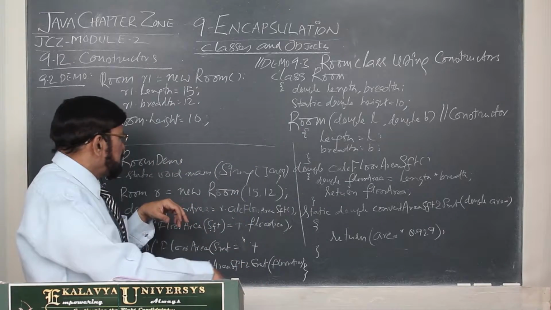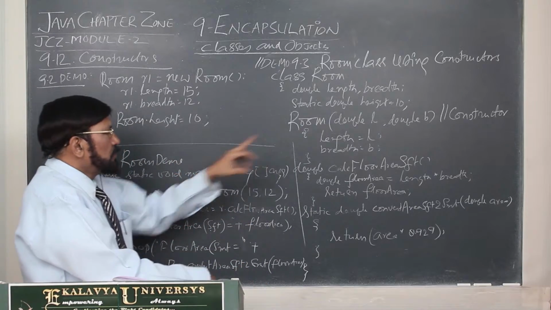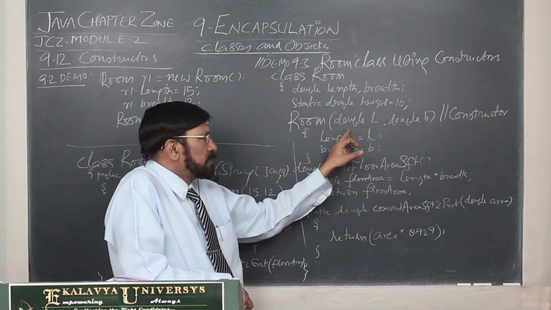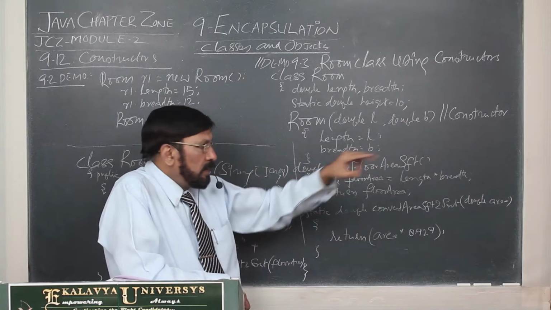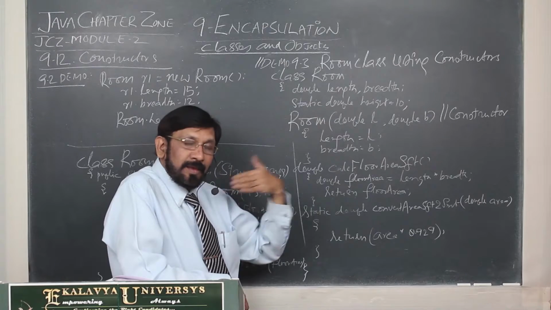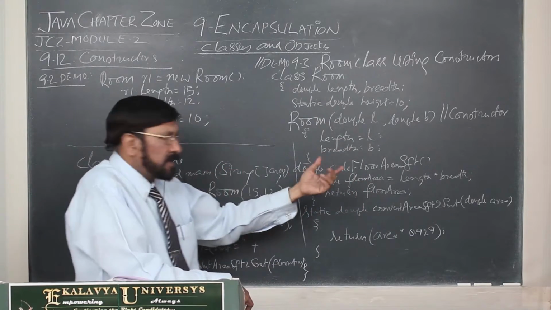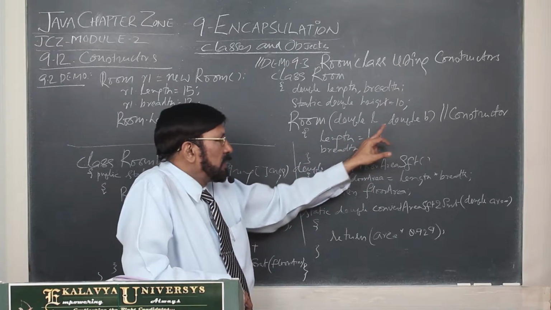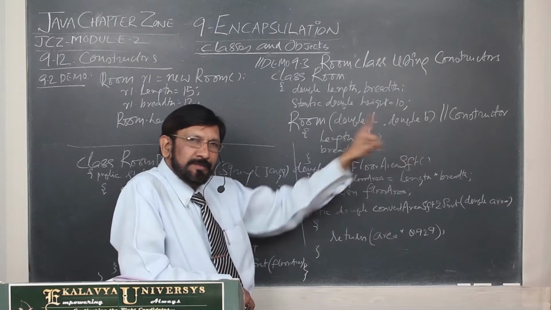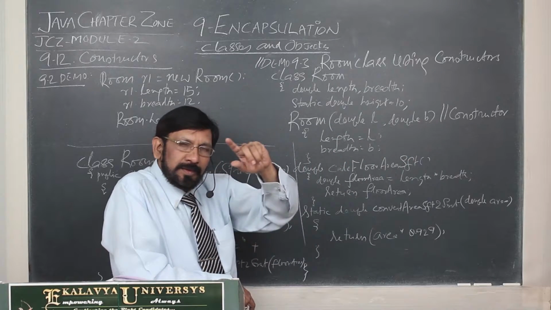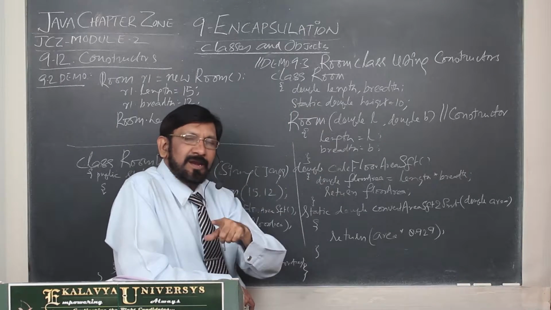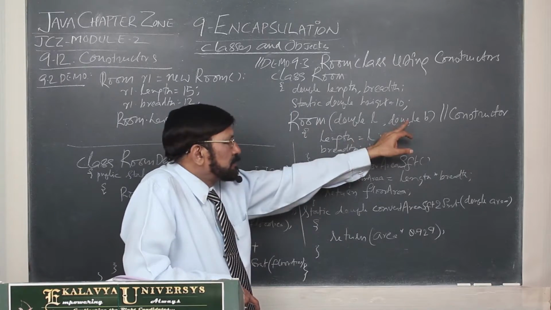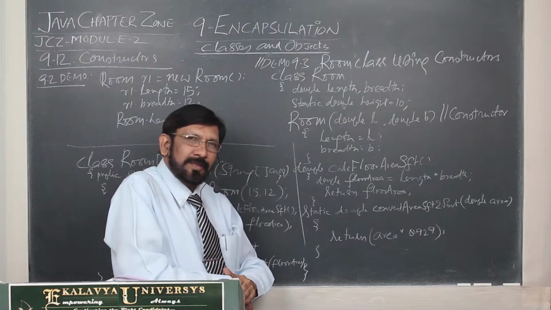Okay, now the same name we are using. How many instance variables are there? You know that, length and breadth. So, for receiving the values from outside, actually from another class, we are giving double L, double B as parameters. Already I told you, if anything is to be taken from within the class, then these parameters are not required.